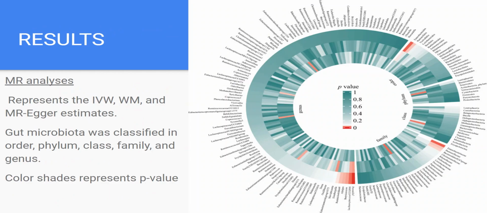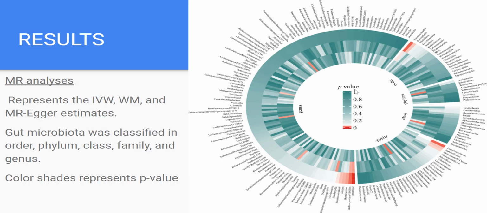In the diagram you can see a circle, and you can divide this circle in three parts: the outer circle, middle, and the innermost. The outer circle shows the IVW value, that is inverse variance weighted, the middle one shows the WM, that is weighted median values, and the innermost the MR Egger.